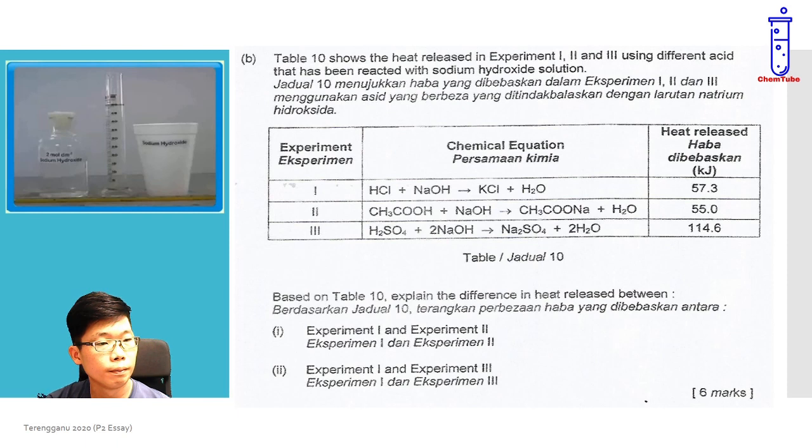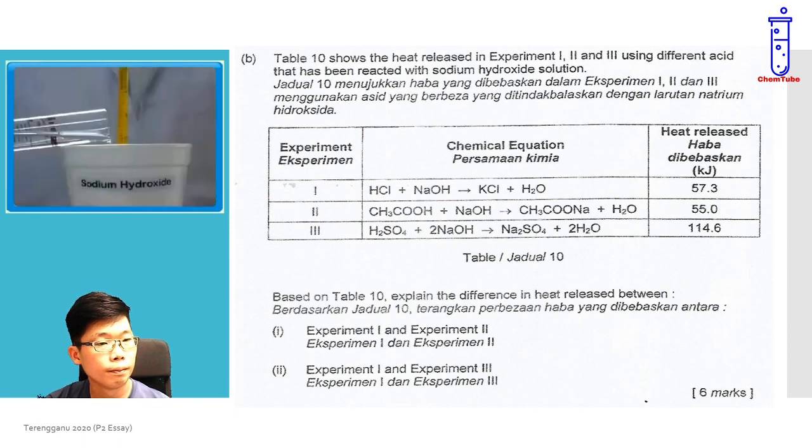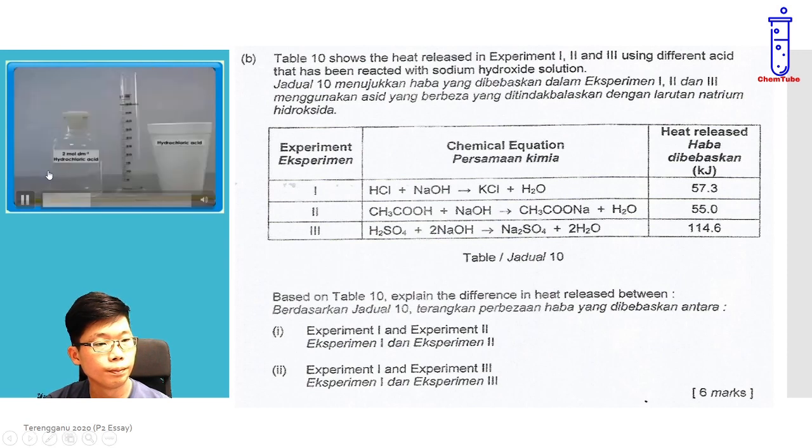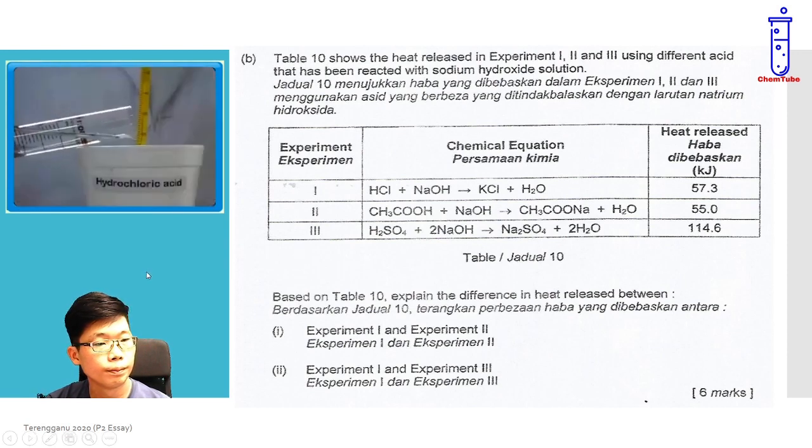Watch the video and answer the following questions. 50 cubic centimeters of 2 mole per cubic decimeter sodium hydroxide solution is poured into a polystyrene cup. The initial temperature of the solution is measured with a thermometer. Record the reading in the table provided. 50 cubic centimeters of 2 mole per cubic decimeter hydrochloric acid is poured into a polystyrene cup.